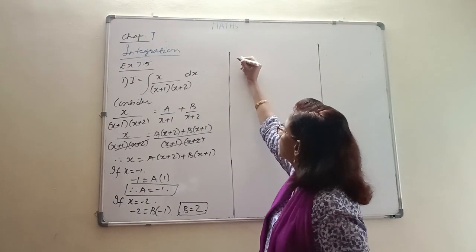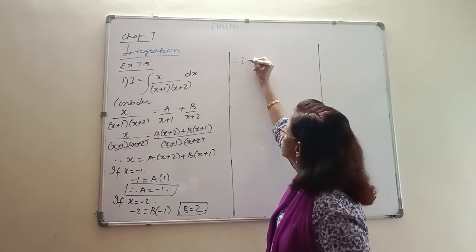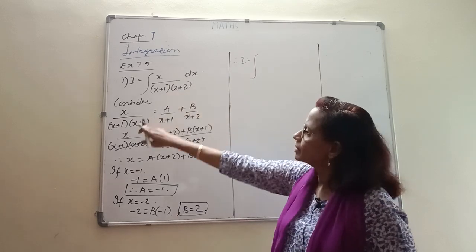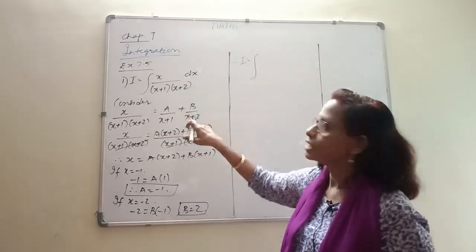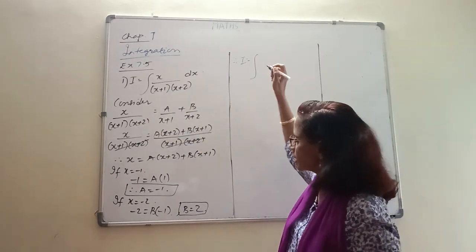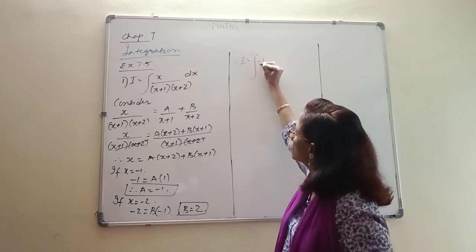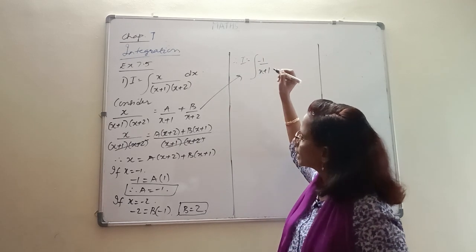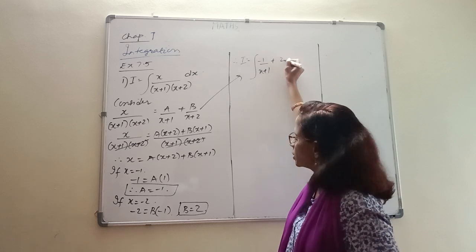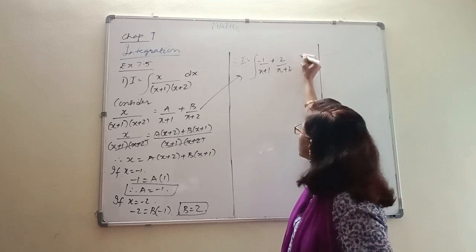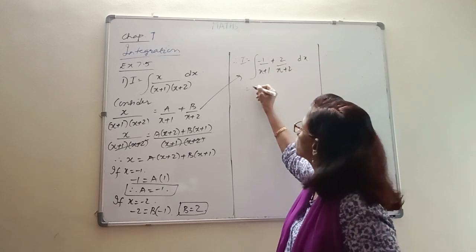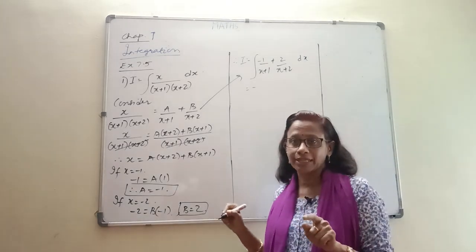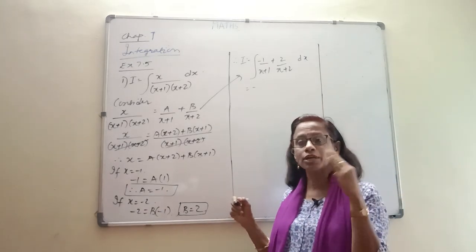So our integral I has now become, instead of x over x plus 1 times x plus 2, a which is negative 1 over x plus 1, and b which is 2 over x plus 2. So much simpler now. Why? Because both are linears, and a linear in the denominator gives a log, since the integral of 1 over x is log.